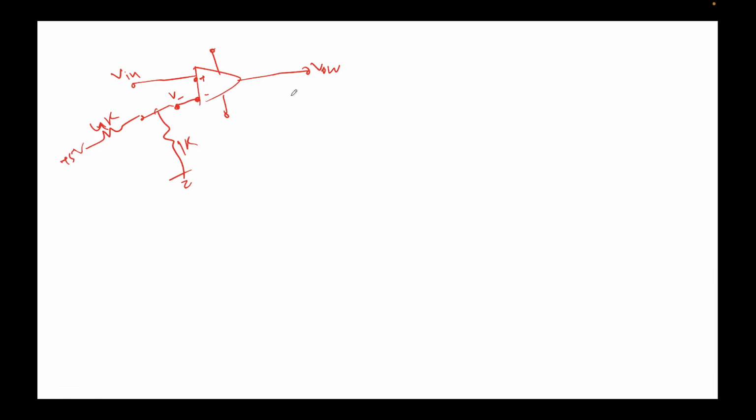V in must be compared with this value, but we don't know this value. So how do we calculate it? We apply KVL in this loop. Remember, there's no current flowing here; current is 0 here, 0 here and 0 here. So I can simply apply KVL. Let's assume the current is I. 5 minus 4k times I minus 1k times I equals 0.